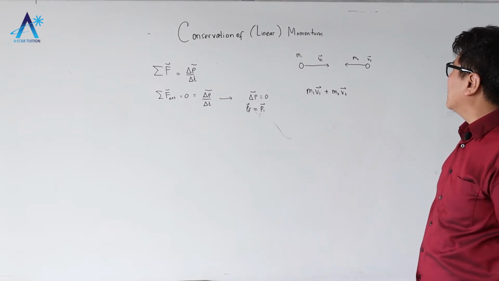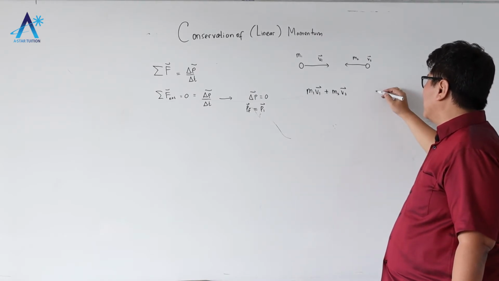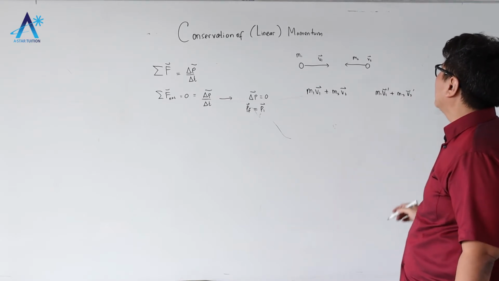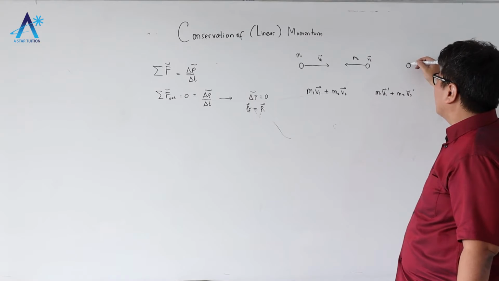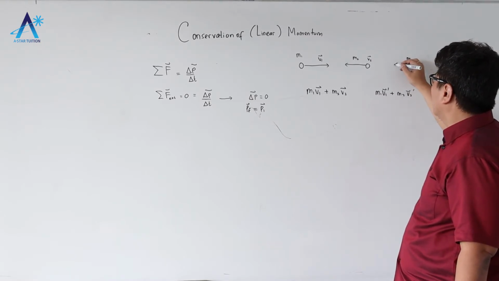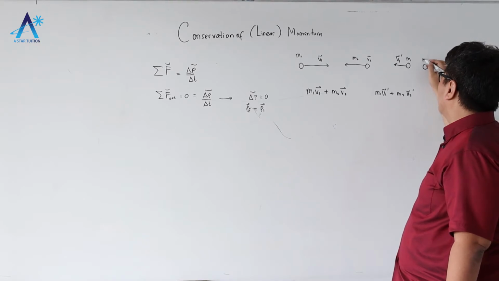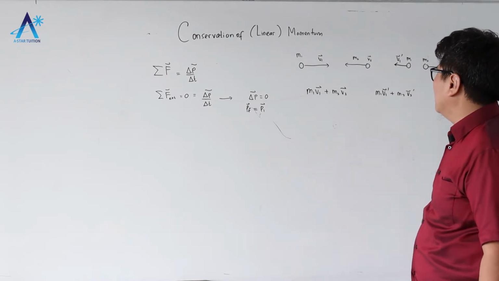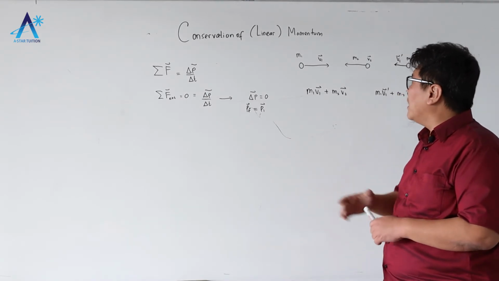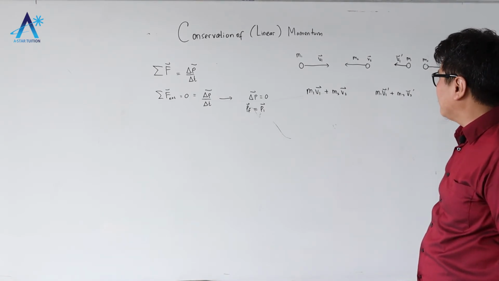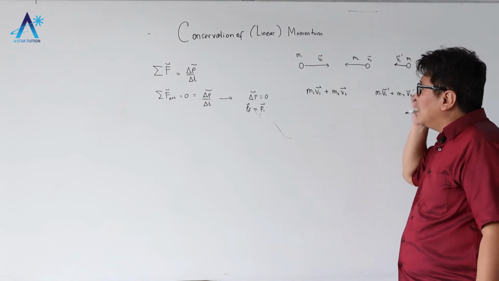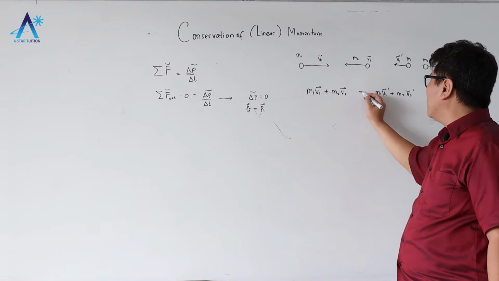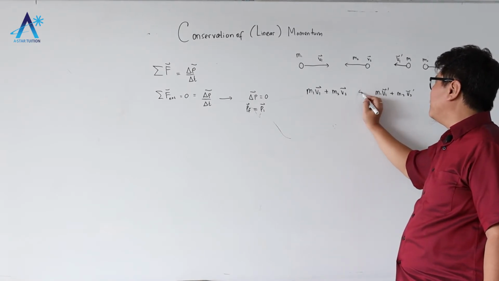Later, the momentum of the system is m1 v1 prime plus m2 v2 prime. So let's say that after the collision, this is v1 prime, m2, this is v2 prime. Because there are no external forces acting on the system, the momentum of the system before the collision equals the momentum of the system after the collision. So we put an equal sign here.